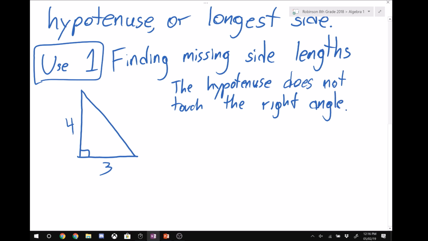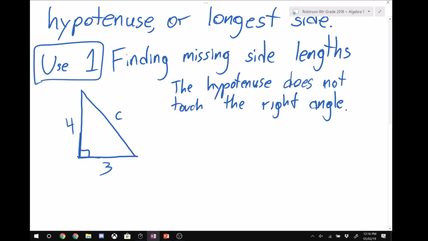So that's a really easy way to always tell which side is c. Here's my right angle. This side of 4 touches it. This side of 3 touches it. So this is my last side, that's my hypotenuse, so it will have to be c. Okay? Now, which sides are a and b? It really doesn't matter. a could be 4 or a could be 3, as long as those two sides are a and b in some combination.